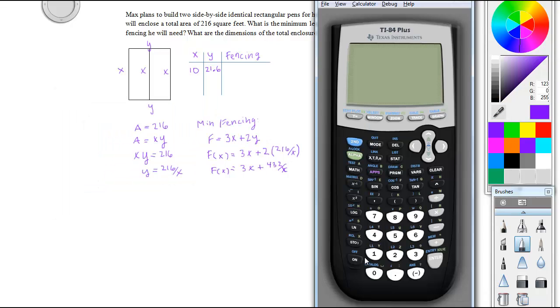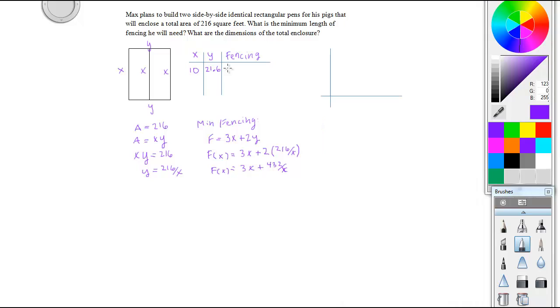So that will be 3 times 10 plus 2 times 21.6, which is 73.2. Now, I'm not sure that that's such a great guess, so I'm going to go ahead and put in 20 and see where we are with that one.